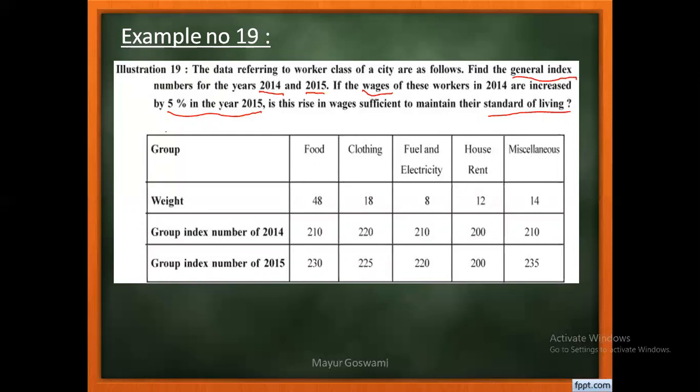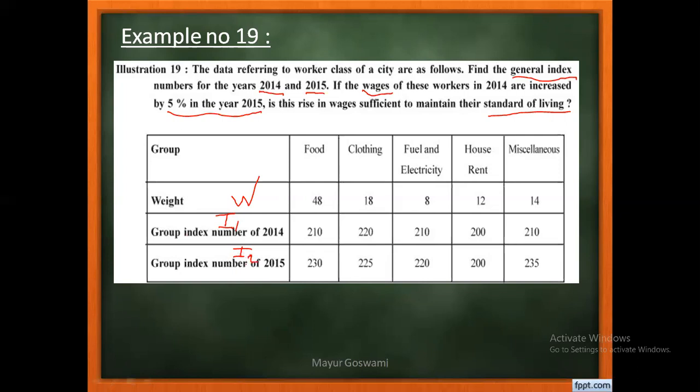Which method of cost of living index number is not given, but based on the information you can identify it: the weight is given. So when weight is given, which method is it? Family budget method. Group index number of 2014 is I1, and the 2015 one is I2.